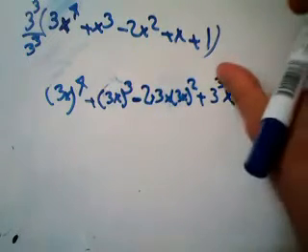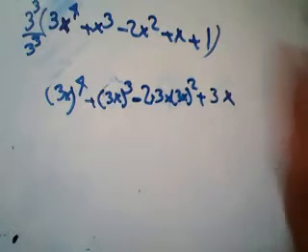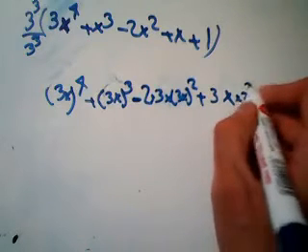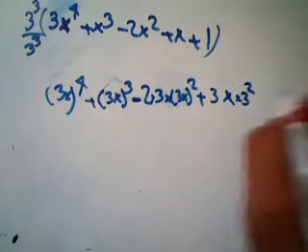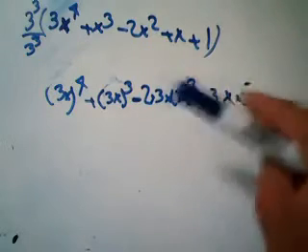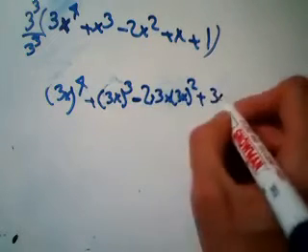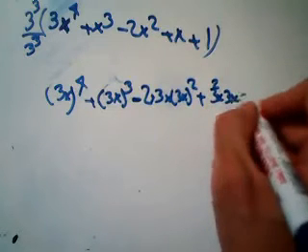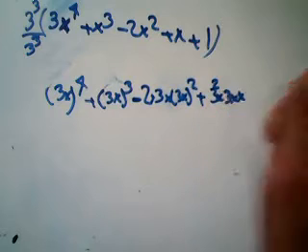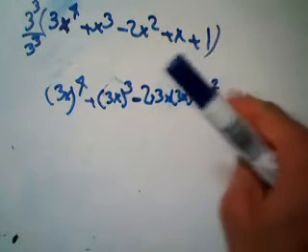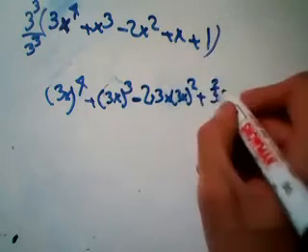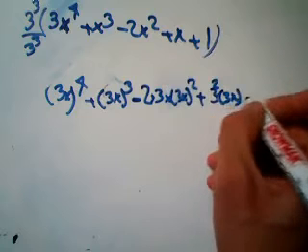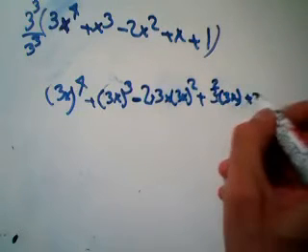Again we write it as 3 squared times 3 times x, so here we again have 3x, plus 3 cubed.